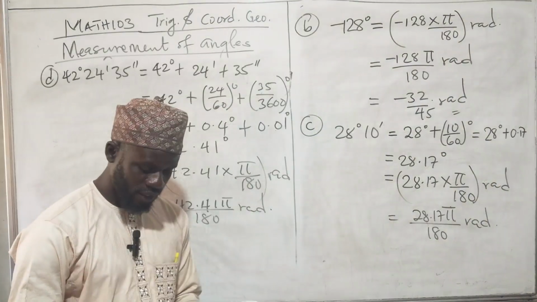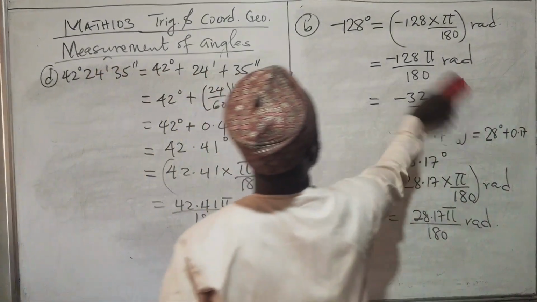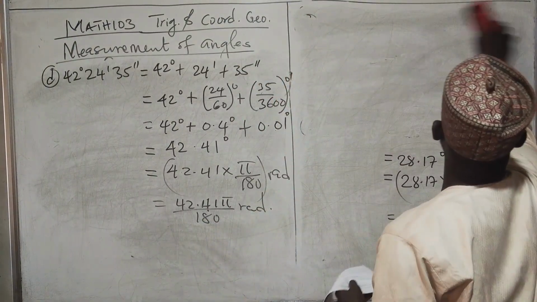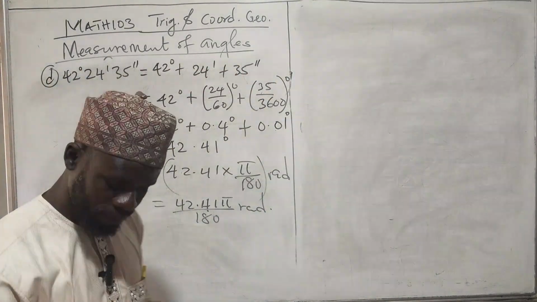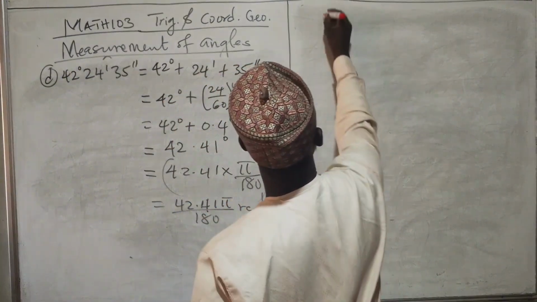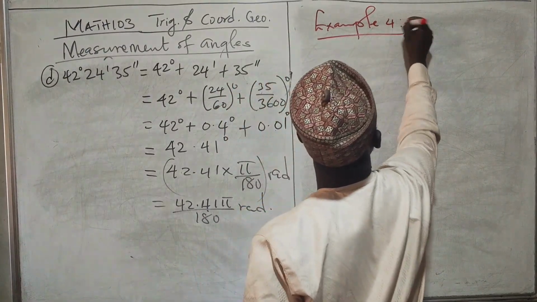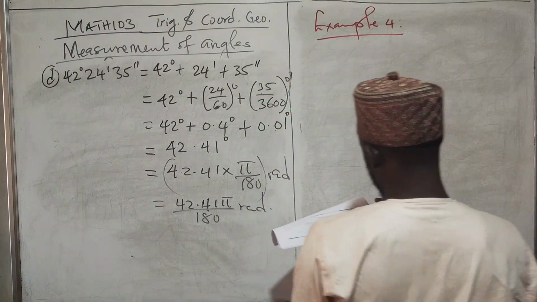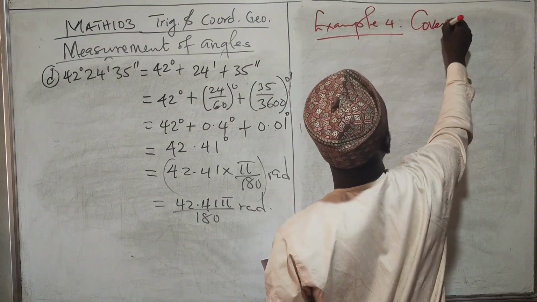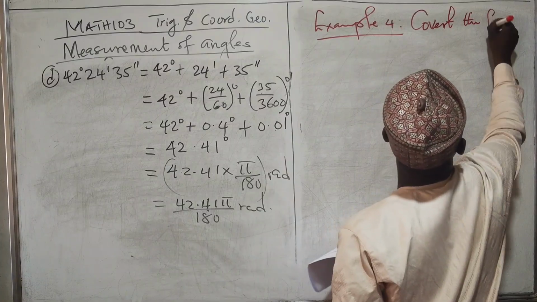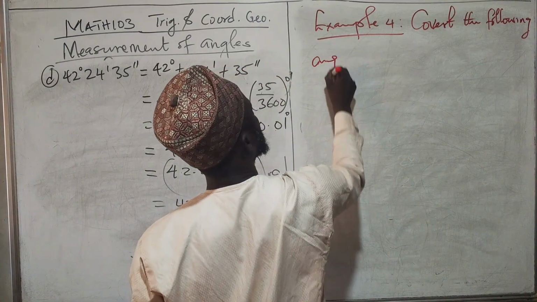Example 4. This example is saying convert the following angles into degrees.